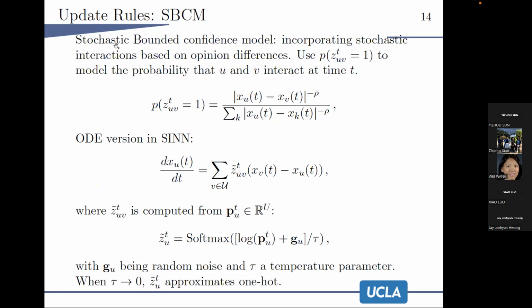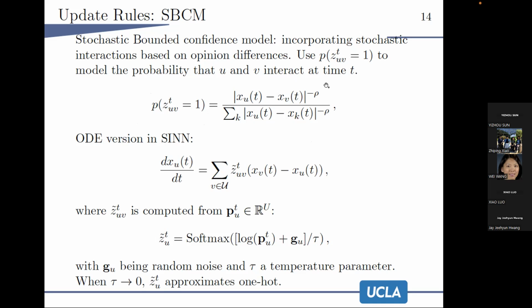The next model along this line is called the stochastic bounded confidence model. This is also a family of models, but the version used in this paper is listed here in this equation, where people use a score function, let's call it P, or P_z(u,v,t).